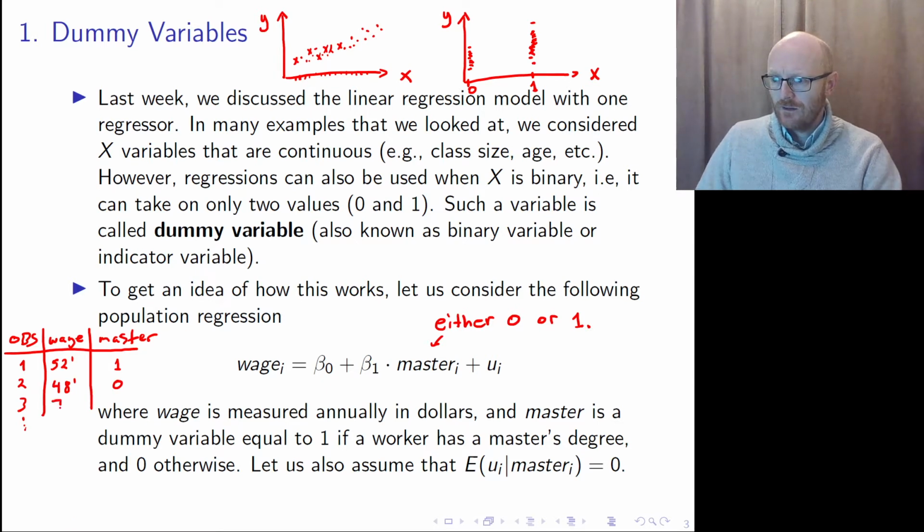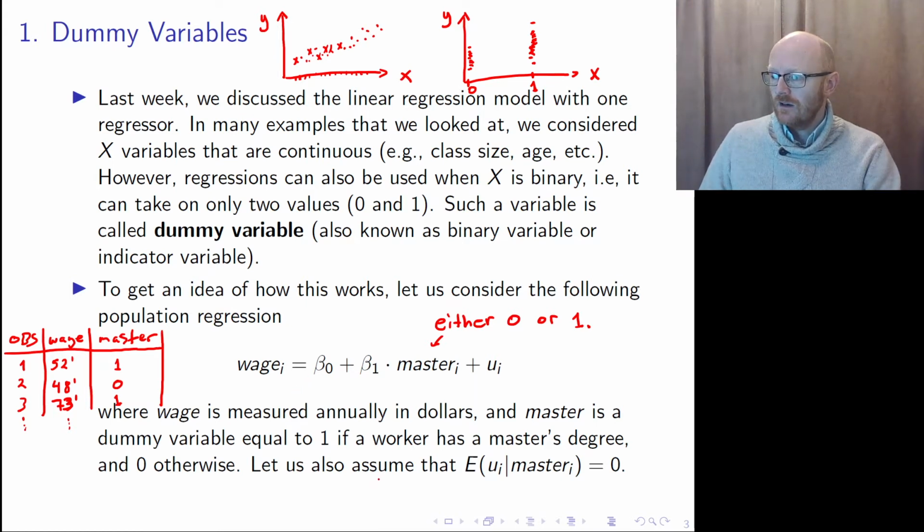And the third person earns 73,000 and does have a master's degree. So the data frame would look something like this. And what we could do is just run this regression with the dummy variable and get some results. And we are going to show why this is so.